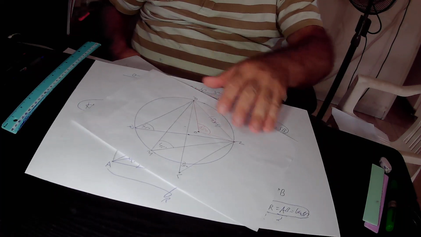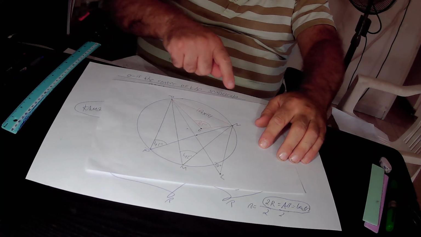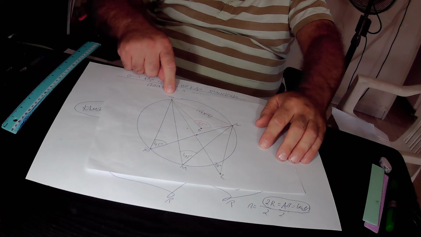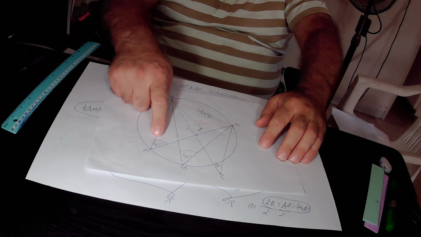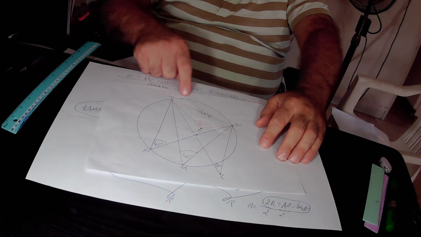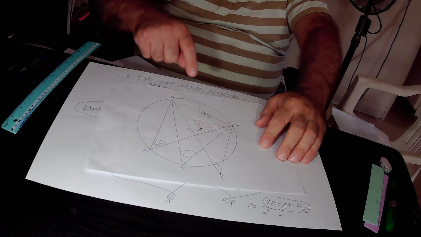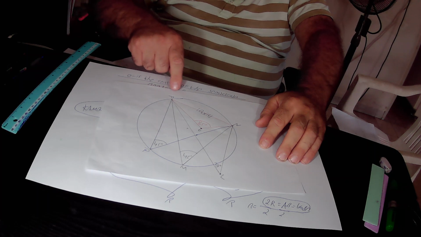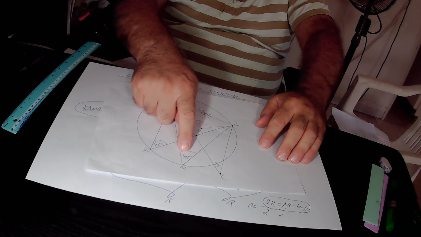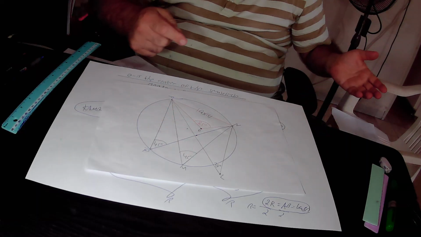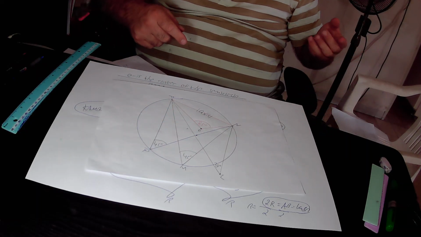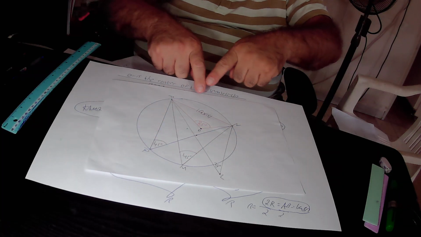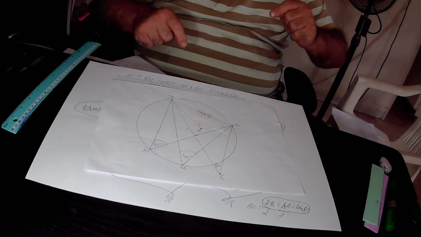This is the peripheral angle NQP. It equals 45 degrees inside, and it subtends on chord PN. Likewise, this is peripheral angle NMP. It also subtends on chord PN, and it is also equal to 45 degrees in size. Because those two peripheral angles subtend on the same chord, they are equal to each other.